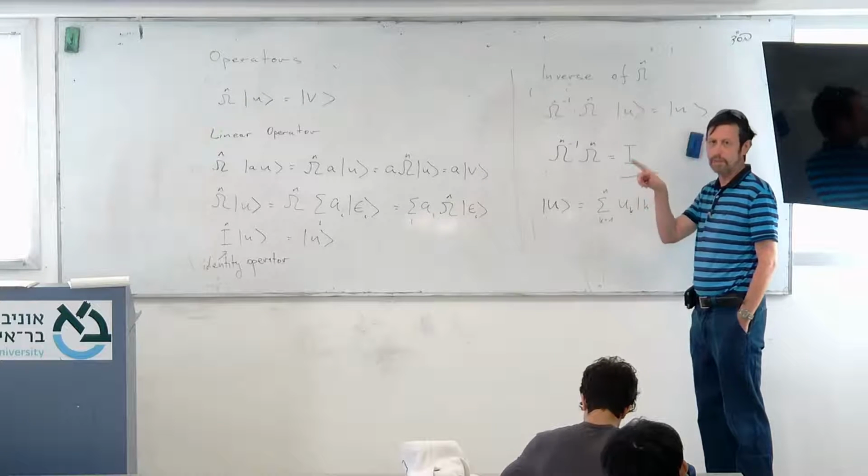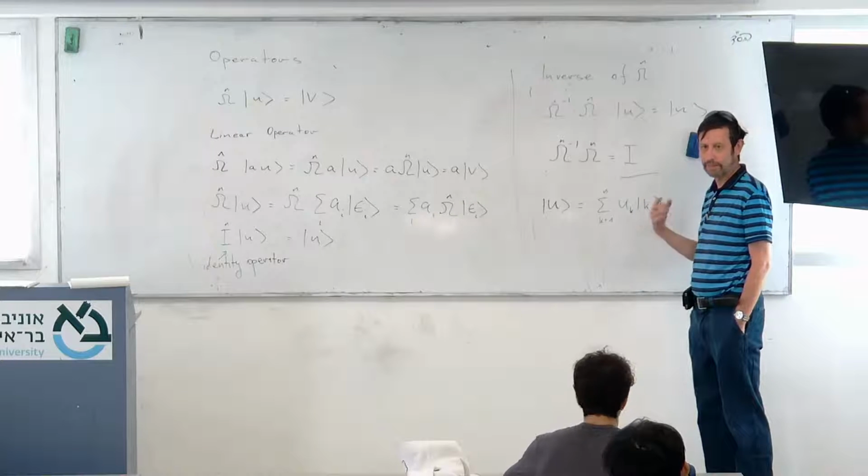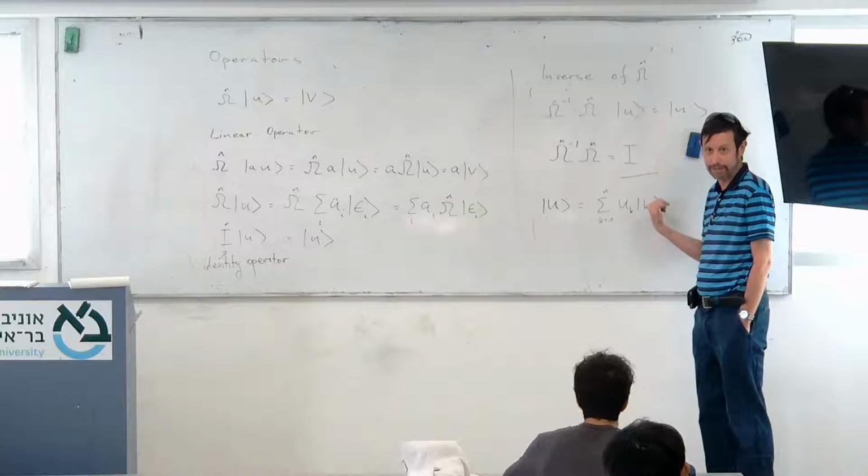sometimes instead of writing down epsilon sub k, I just write k for short.